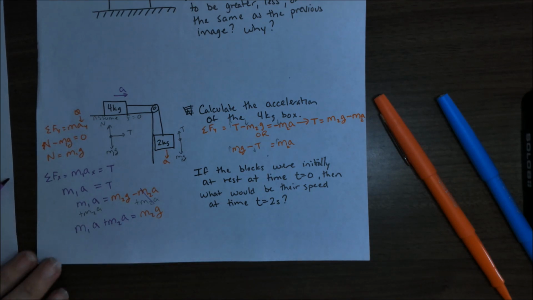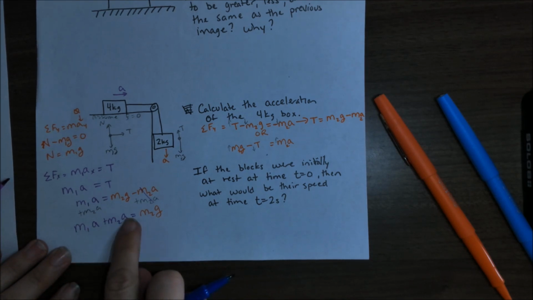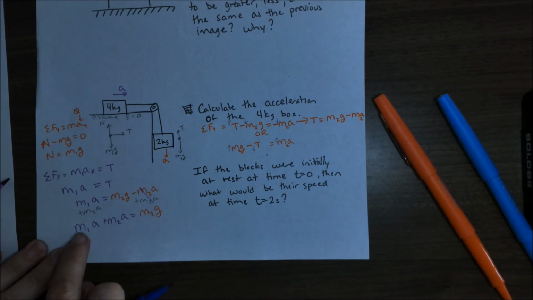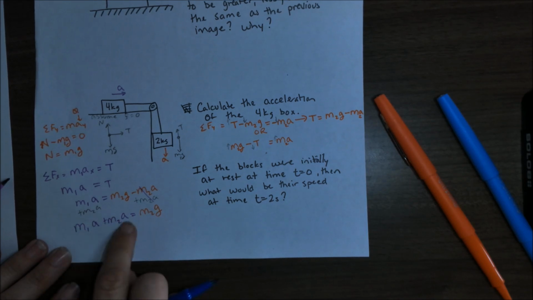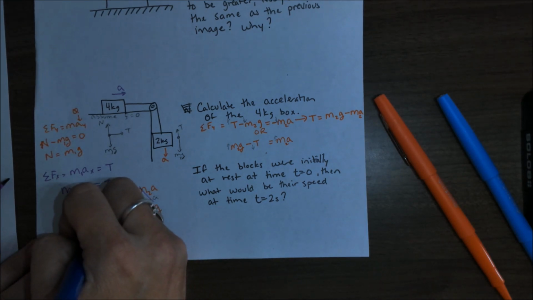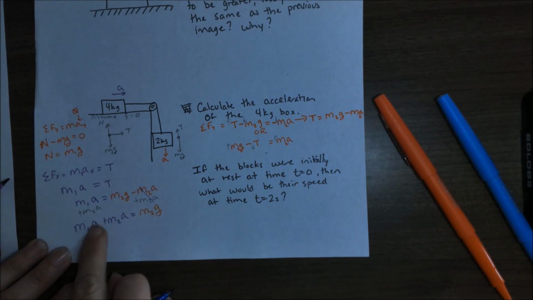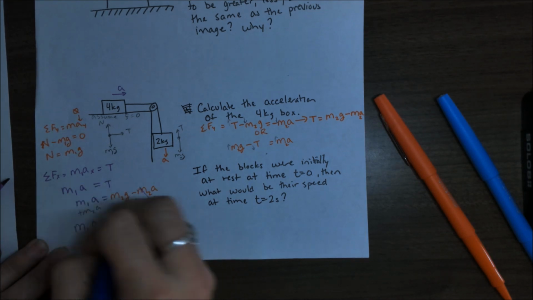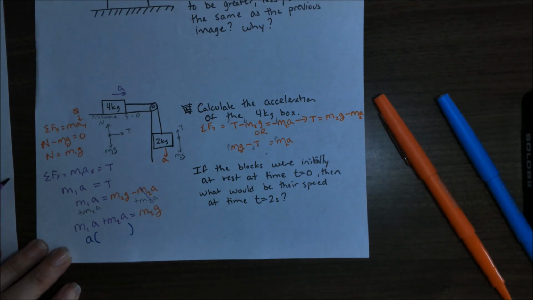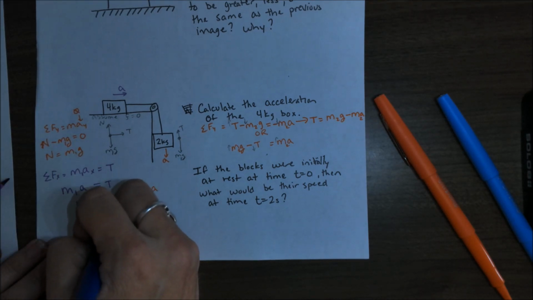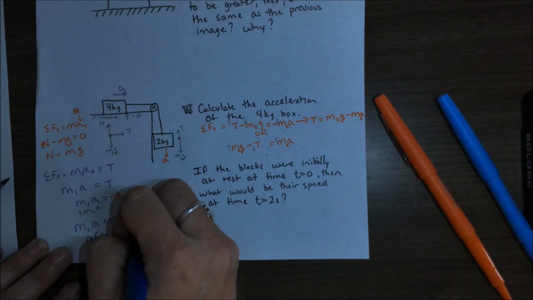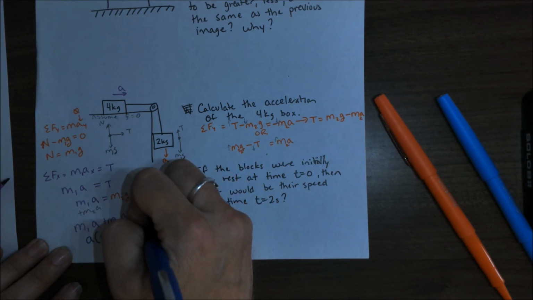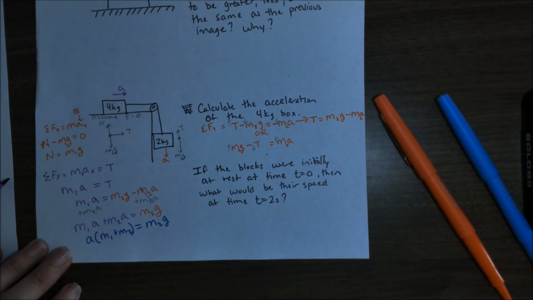So my next step of math and algebra would be, again, a is a common term. So this is like saying 3x and 2x, 6x and 9x. I don't know what this coefficient is yet, but I do know they both have an x. So I'm going to factor that variable, that a, that common term out. And that's going to leave me with my m1 and my m2. Together, they're going to equal m2 and g.